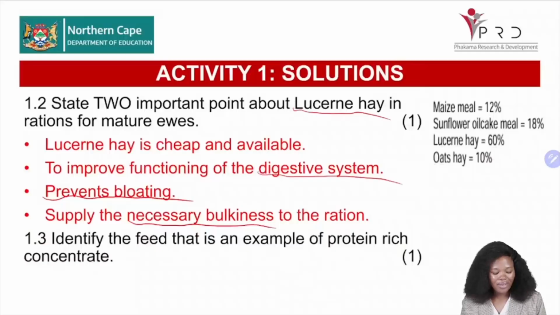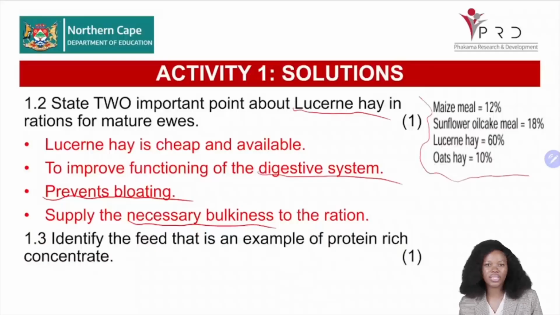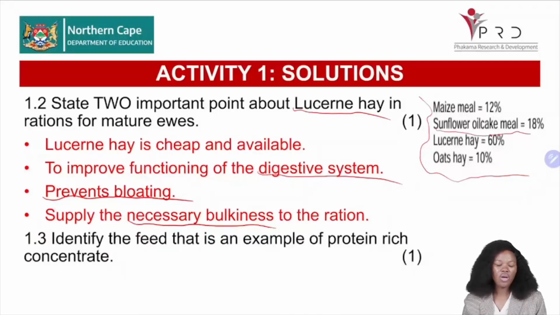1.3, identify the feed that is an example of a protein-rich concentrate. A concentrate that is protein rich from the ration alongside. Now, the only feed that is protein rich and is a concentrate is sunflower oil cake meal. Remember, you need to identify from the ration.